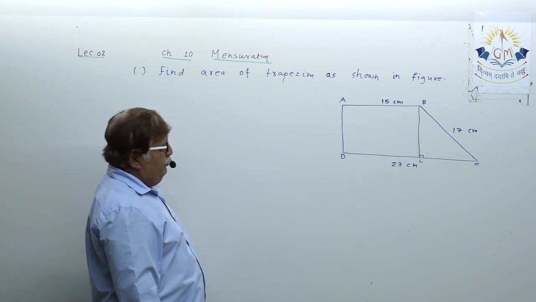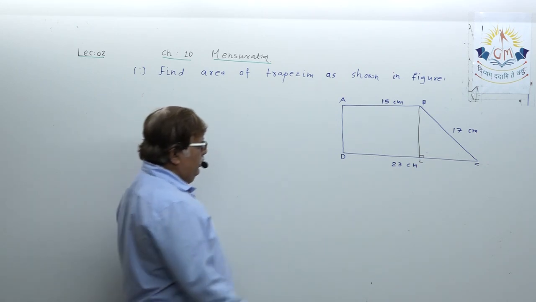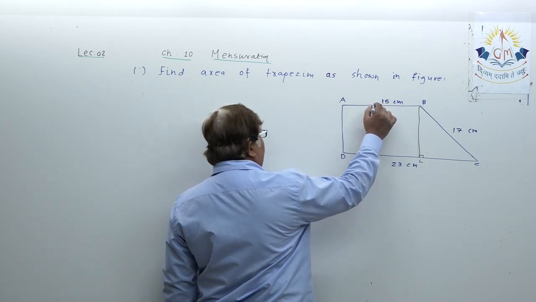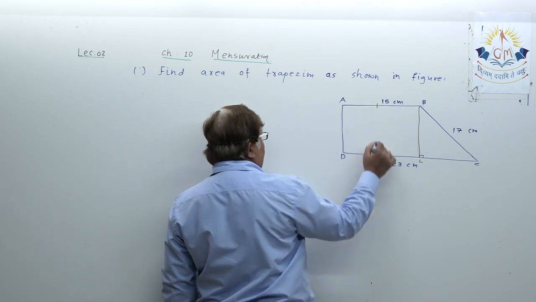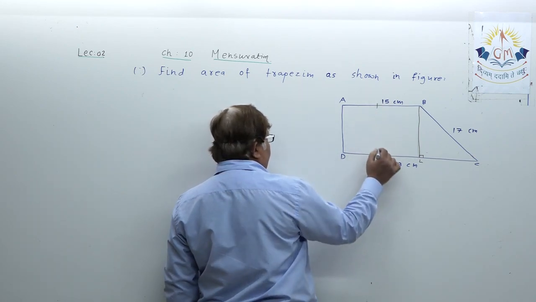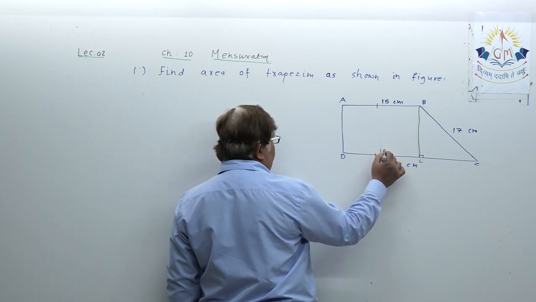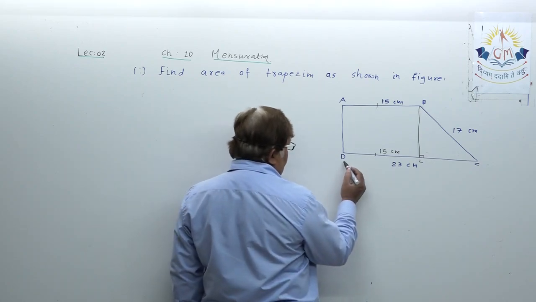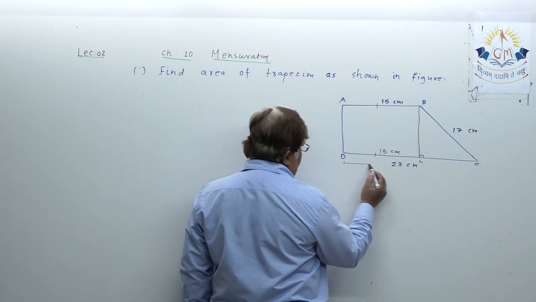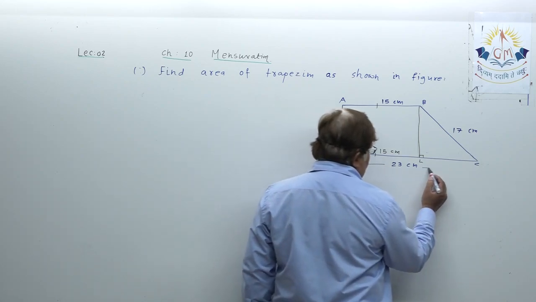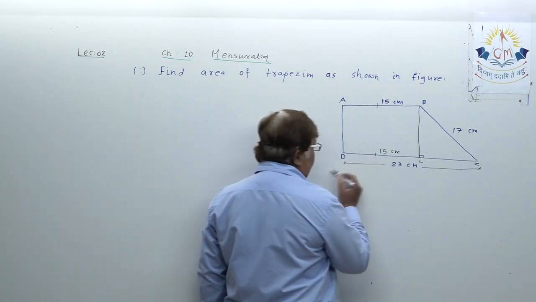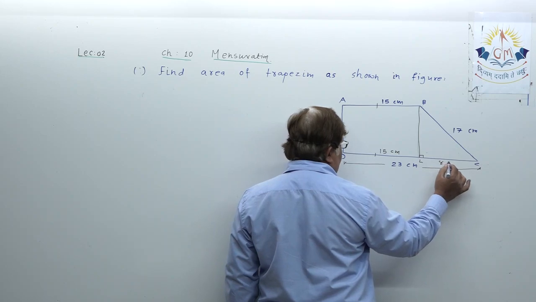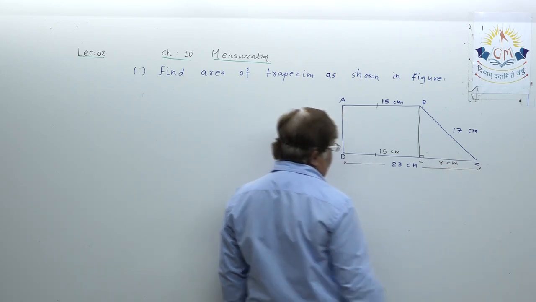After drawing this, some sorting out of measure: this became a rectangle where opposite sides are parallel and equal. This is 15 centimeter. This is also 15 centimeter. Total, as you know, is 23 centimeter. 23 minus 15 comes out to be 8 centimeter.